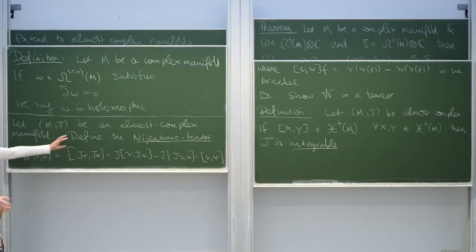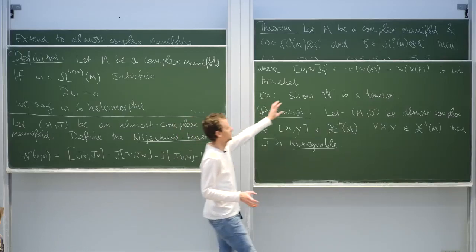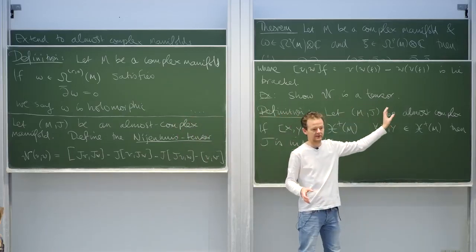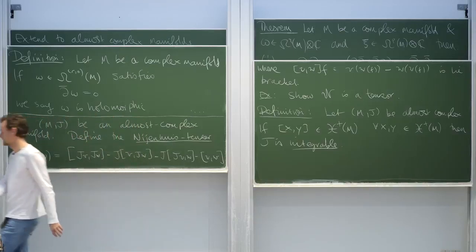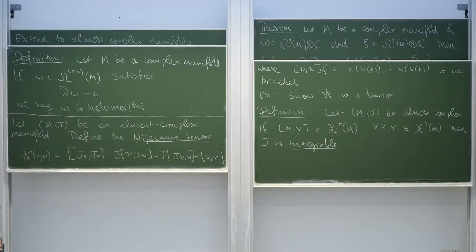And it turns out whether a manifold is complex or not is related to the integrability of J and the vanishing of N, as we'll see. So I'll quote you now the result that characterizes complex manifolds.